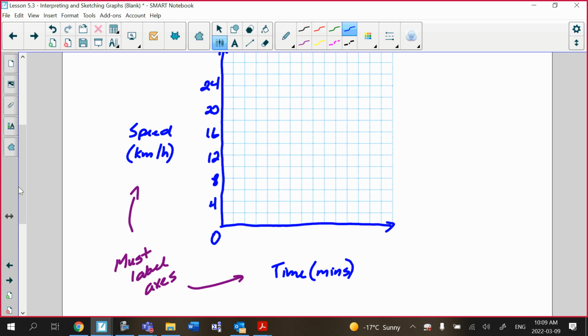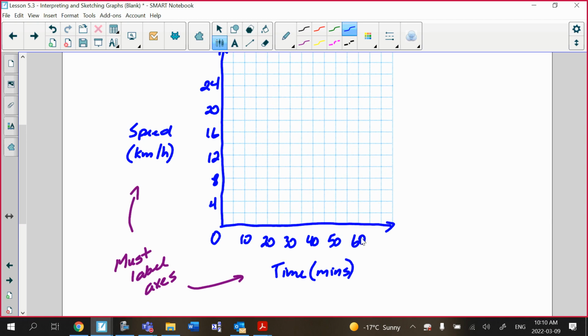So 5, 10, 15, 20, 25, 30, 35, 40, 45, 50, 55, 60. Now that we've scaled correctly, we should be able to draw our graph. So now we go back to the story and graph it.